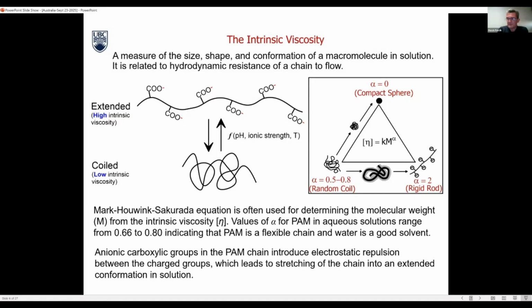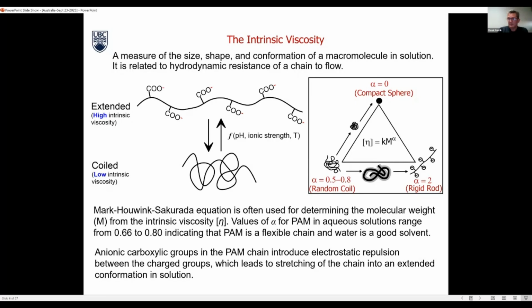It turns out that these values were obtained for a range of samples using high ionic strength environments, so forcing the polymers to essentially coil in solution, as shown in the diagram on the left. But essentially that alpha value will depend on what conditions the values were measured in.